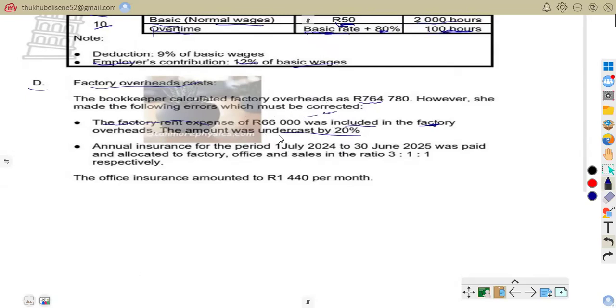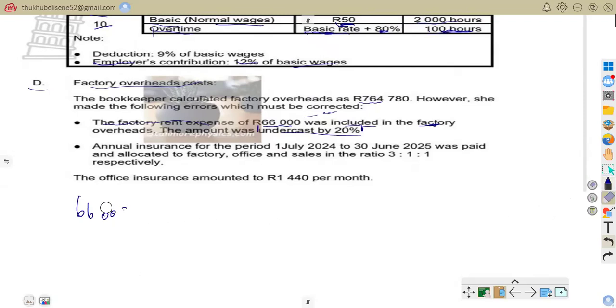Undercast of 20% means that the amount of 66,000 is only 80% of the correct value, not the full 100%. So it's only 80% of the correct value.